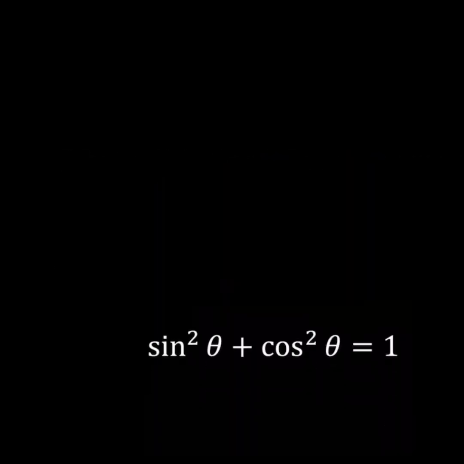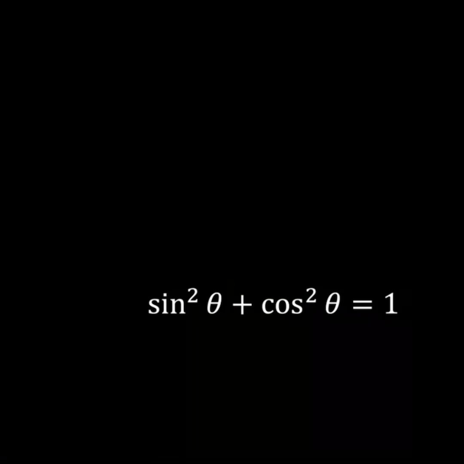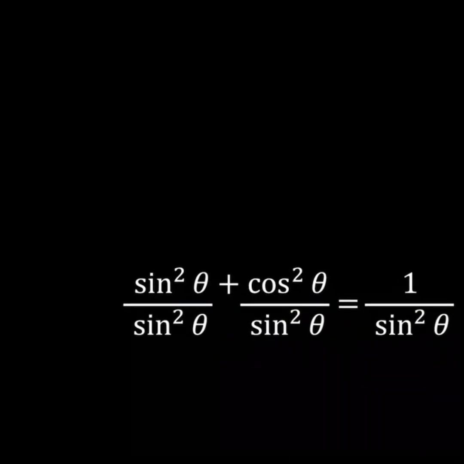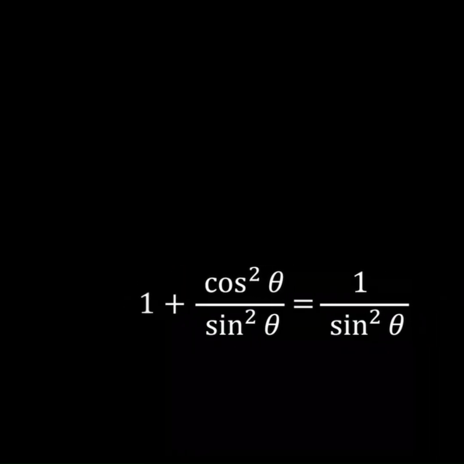If we take the original Pythagorean identity, sine squared theta plus cosine squared theta equals 1, and divide each term by sine squared theta, we get the following. The first term, sine squared theta divided by sine squared theta, simplifies to 1, because anything divided by itself equals 1.